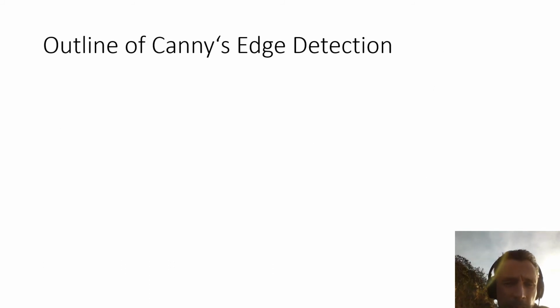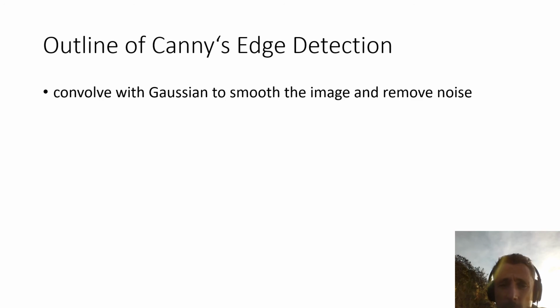So Canny's edge detection can be summarized in, I think, 5 or 6 steps or so. First, we'll smooth the image. That's necessary because some images are noisy because the sensor is overheated and then produces some kind of erroneous measurements.